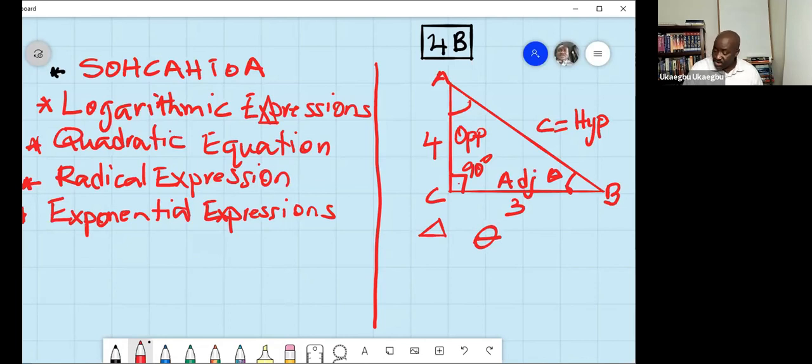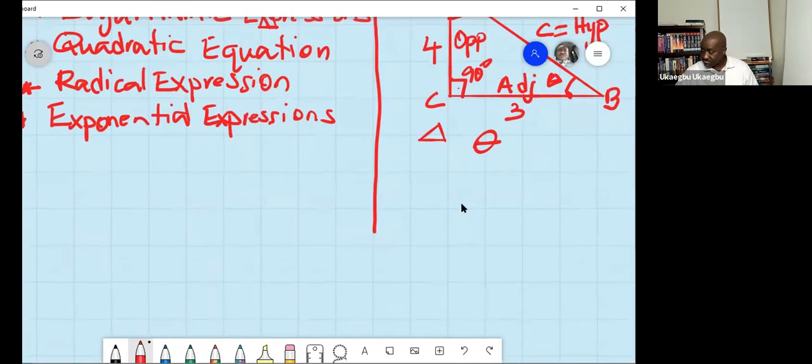So the whole idea of Sohcahtoa is to establish a relationship between these three sides of a triangle. S is called sine. Sine is equal to opposite over hypotenuse.